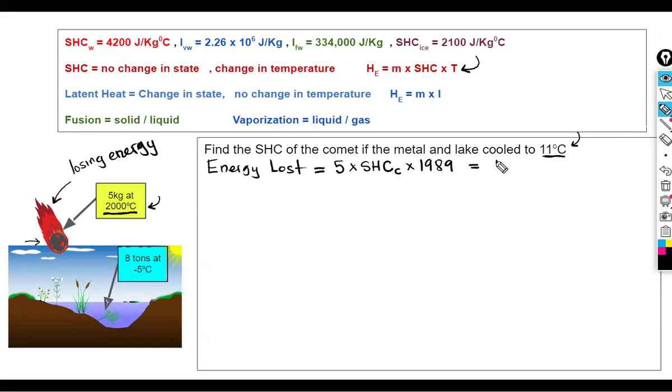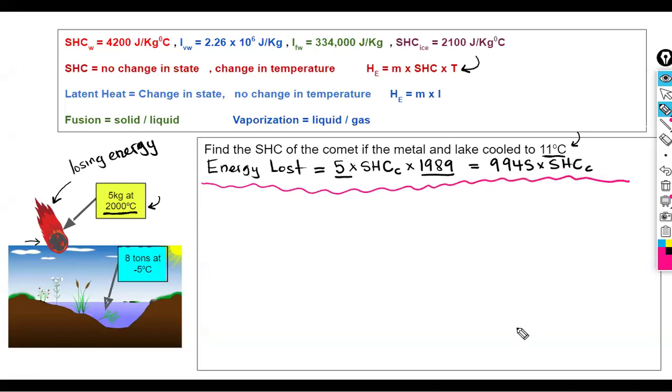You will get 9945 multiplied by the specific heat capacity of the comet. Remember, we just multiply these two, and we do not know the specific heat capacity of the comet. That's the aim of the question. So I'll put in a little line here. The 1989 came from minusing 11 from 2000. That's the change in temperature of the comet.